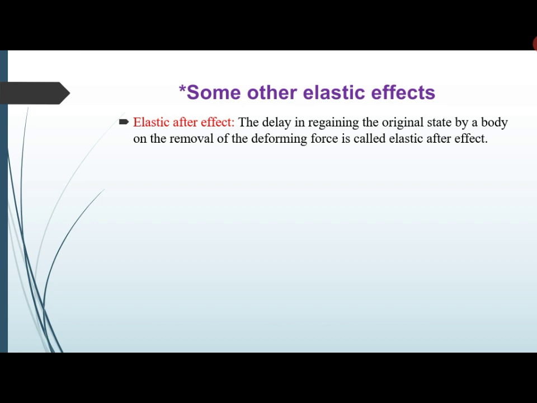So these are the elastic after effects for different kinds of materials. You can see from this figure that we have a wire suspended from a fixed end, and we have oscillations of a torsion pendulum.